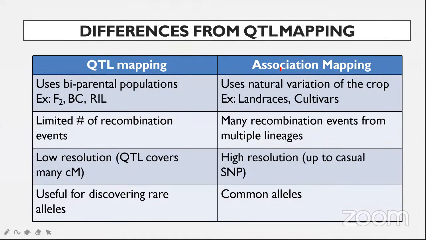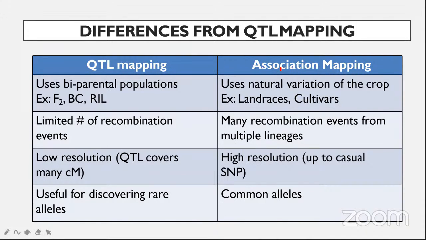So how does this differ from QTL mapping? First and foremost, QTL mapping uses biparental populations, and here we use natural variation. In QTL mapping, you have limited recombination events, whereas in association mapping, since this is a random population, each with a different parentage and lineage, you have many recombination events.